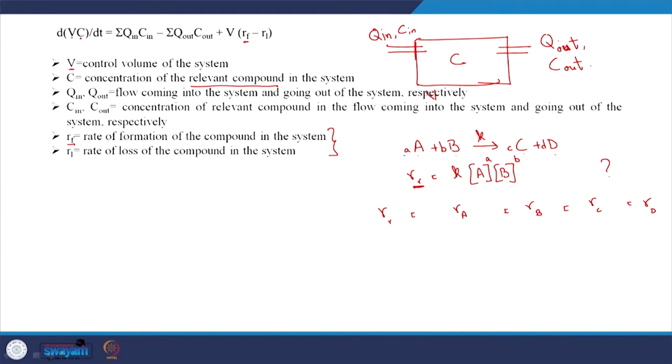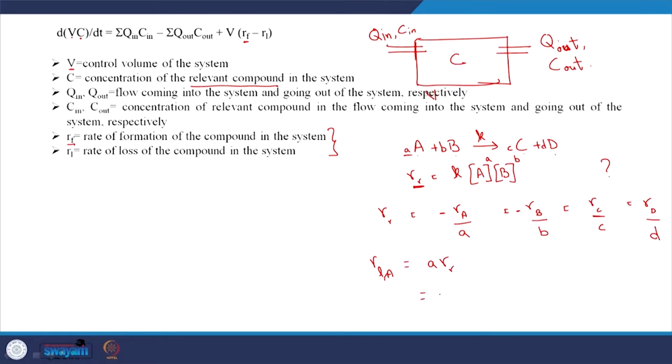That is by using the stoichiometric coefficients. So that is going to be equal to the coefficient of A and negative because A is being lost, the coefficient of B negative, and C and D. So, for example, the rate of loss of A, because I am specifying it as loss, I can remove the minus term here, is going to be equal to the coefficient of A times the rate of the reaction.